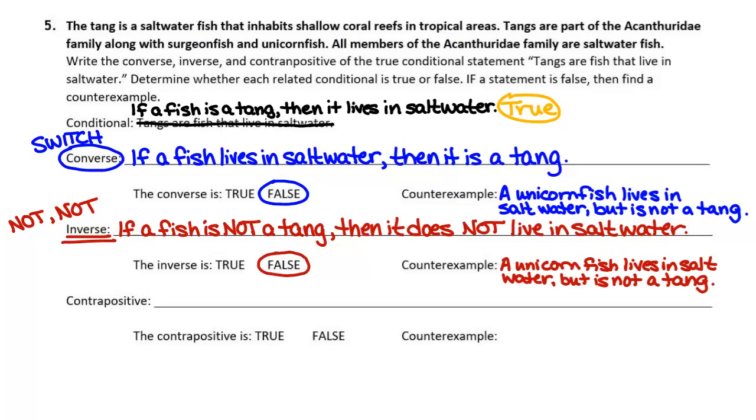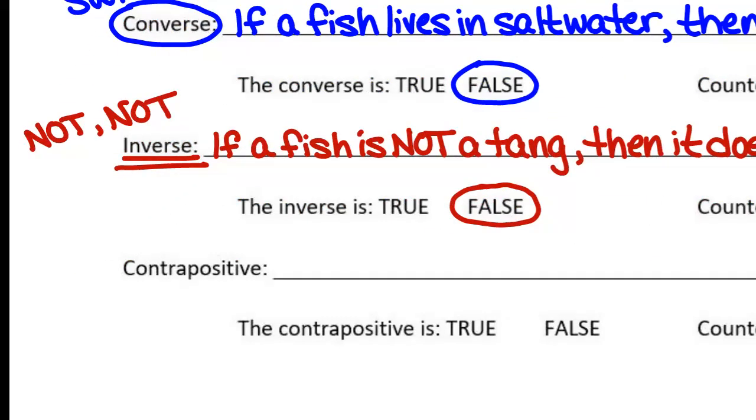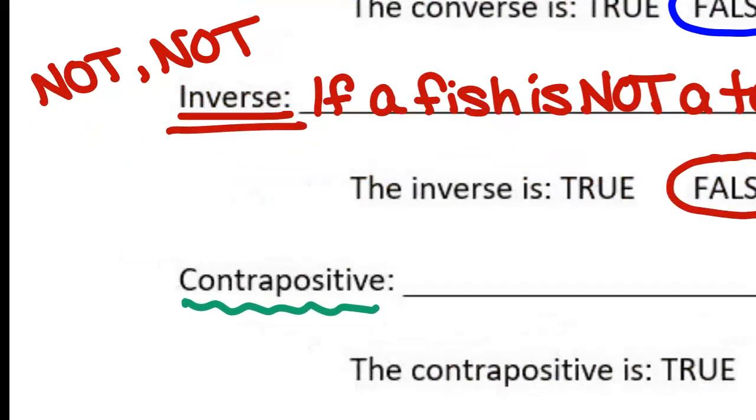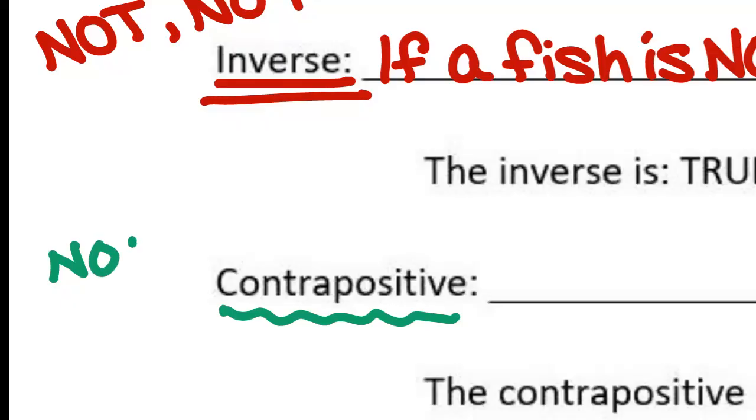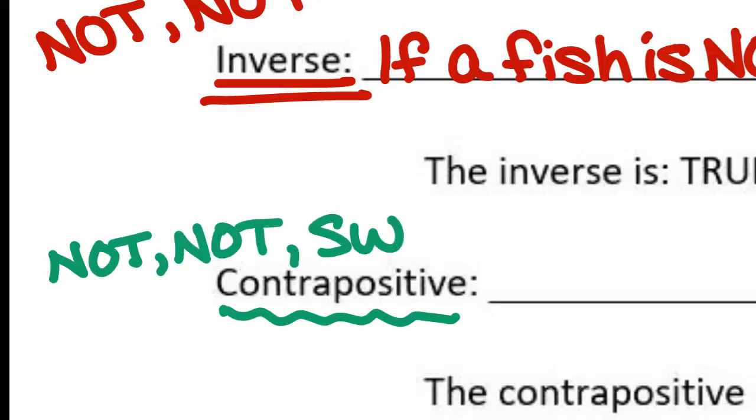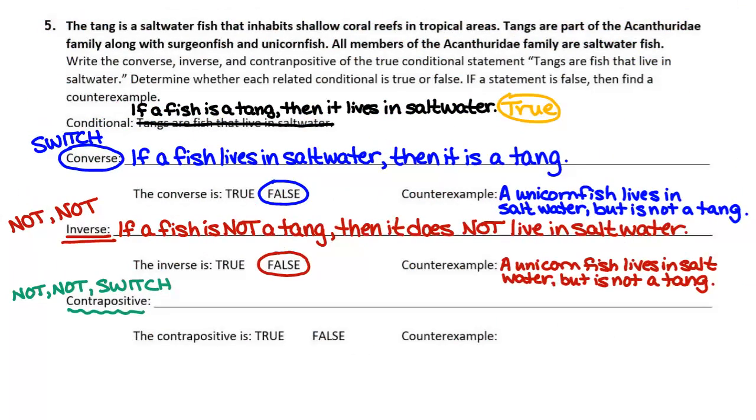All right, then what do we do for our contrapositive? Yep, we do not, and we switch. So it's going to look kind of like my converse, because that one's already switched, but with not and not. So my converse, but with not.